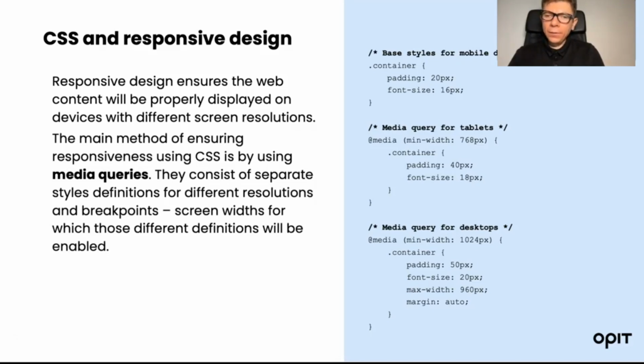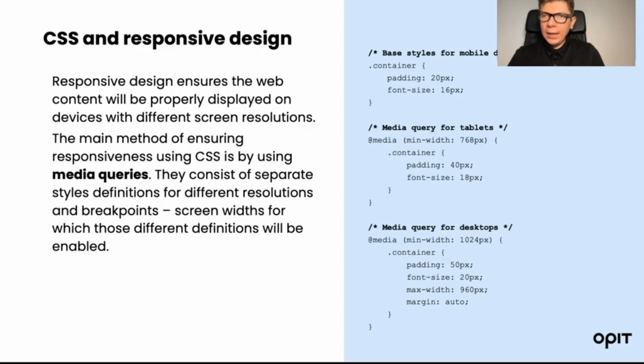They consist of separate style definitions for different resolutions and breakpoints, which are screen widths for which those different definitions will be enabled. On the right-hand side of the screen you see three main types of definitions. The first one is the base style definition of a class container, and it has certain properties which will be enabled for mobile devices, following the logic of mobile first.